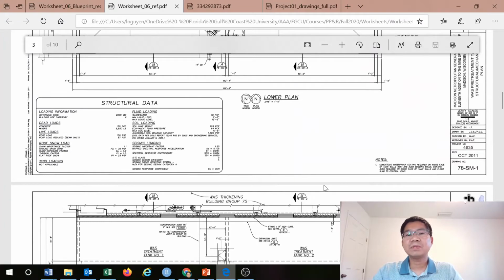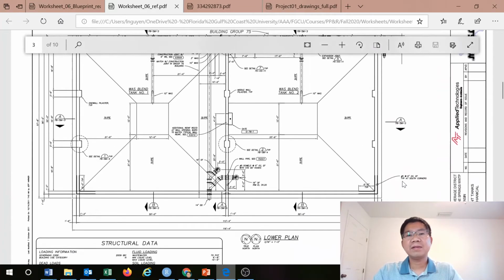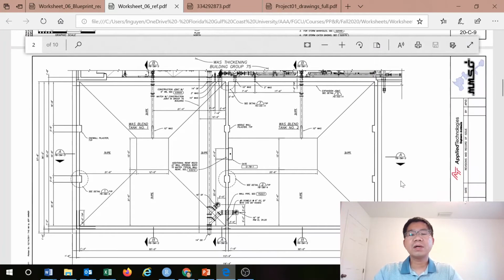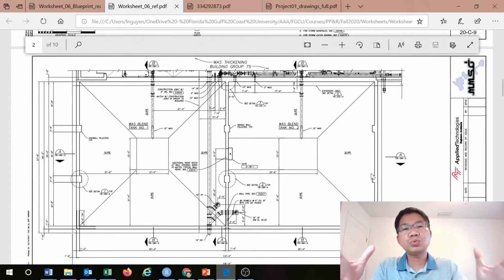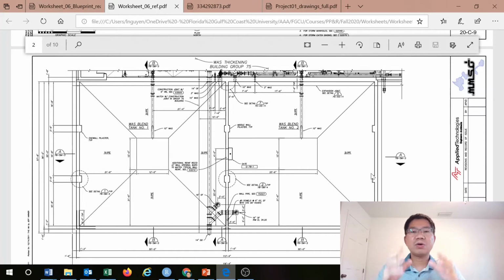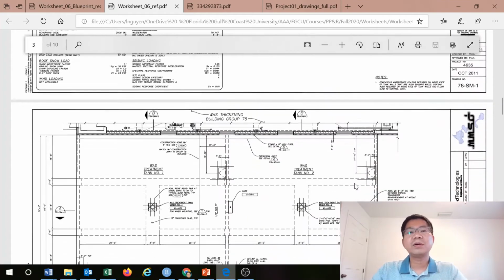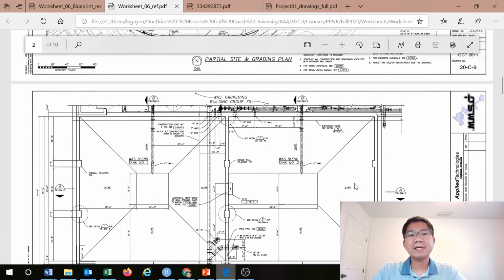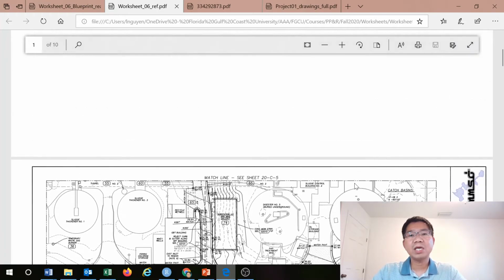And SM means that for this drawing they combine both structural and mechanical. So there is piping here, which is mechanical, and then structural in there, so that drawing combines both. Typically they separate structural and mechanical, but this one has them in one drawing, and of course they have other drawings as well. So that is what you have in the drawing.